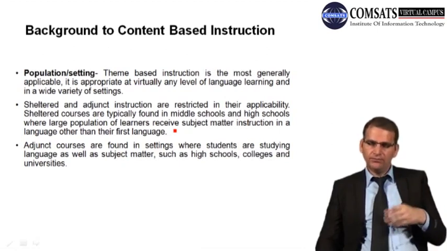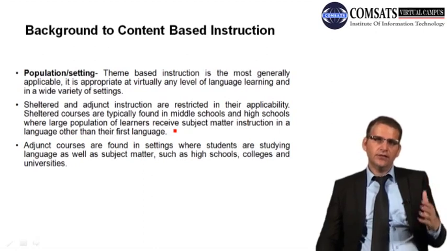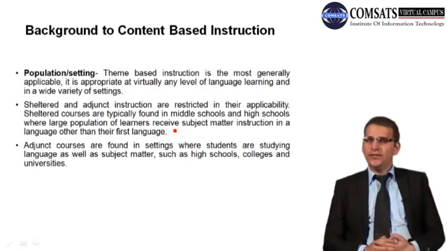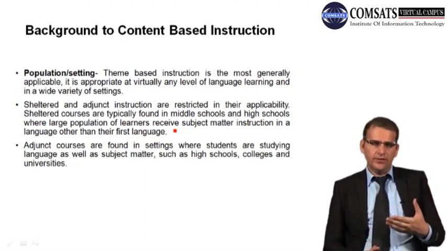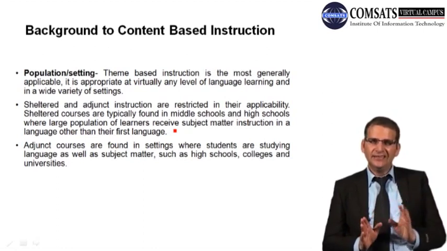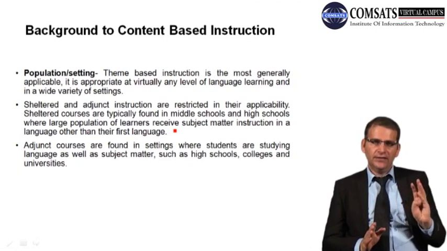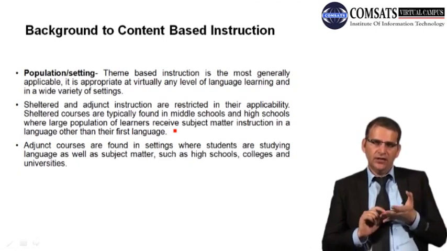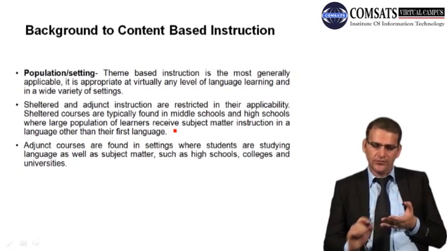So in this way, they have to take this as a support course. So dear student, this is what we see: the differences in population and setting among these three, that is theme-based instruction, adjunct instruction, and the first one, sheltered content instruction.